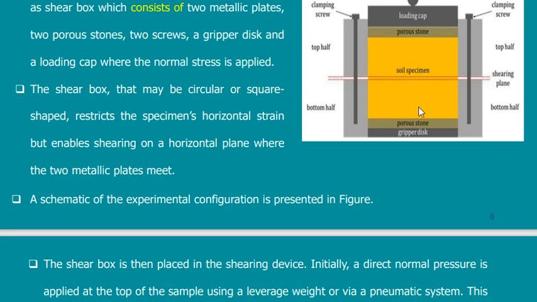So in this test, you are telling me that you want to shear the sample at this location. It means that you are getting higher values for C and phi because I'm not shearing the sample at the location where it should fail.